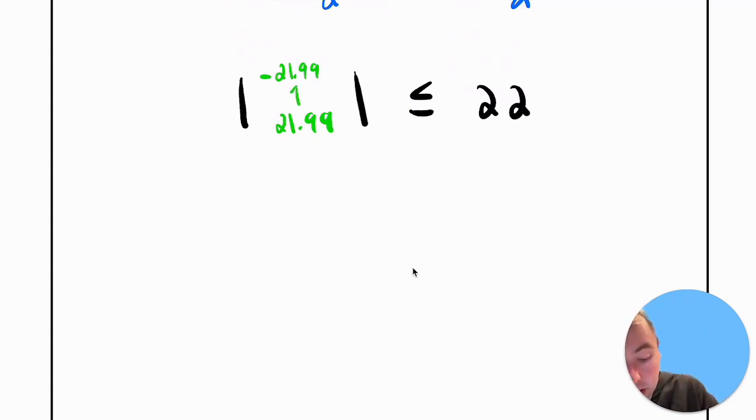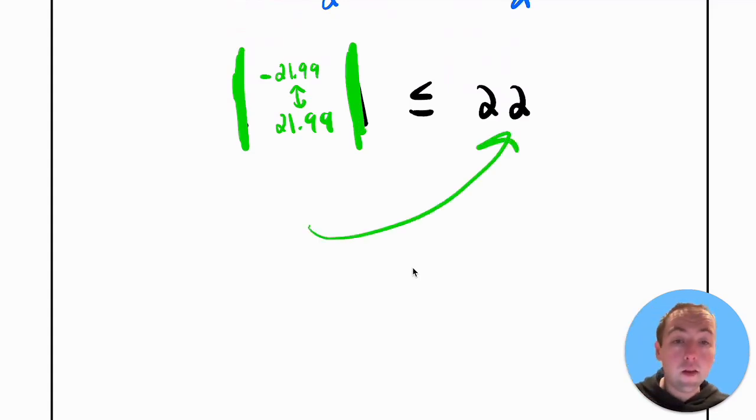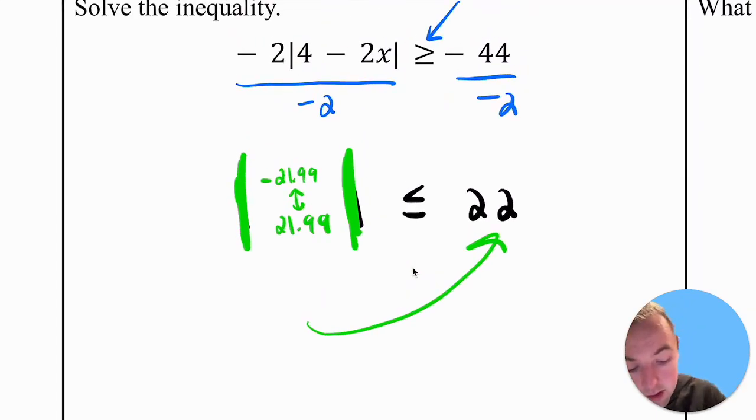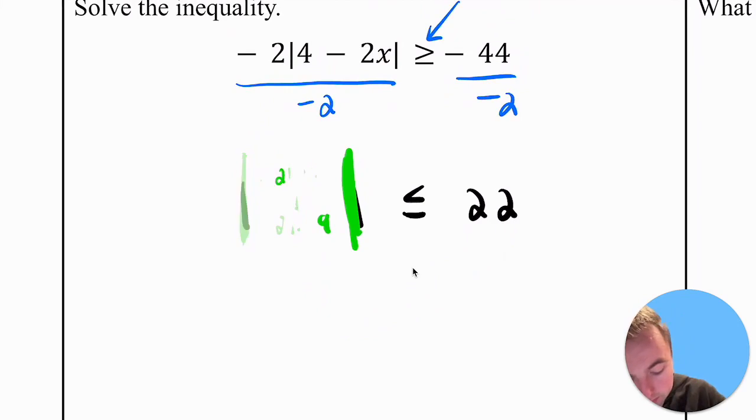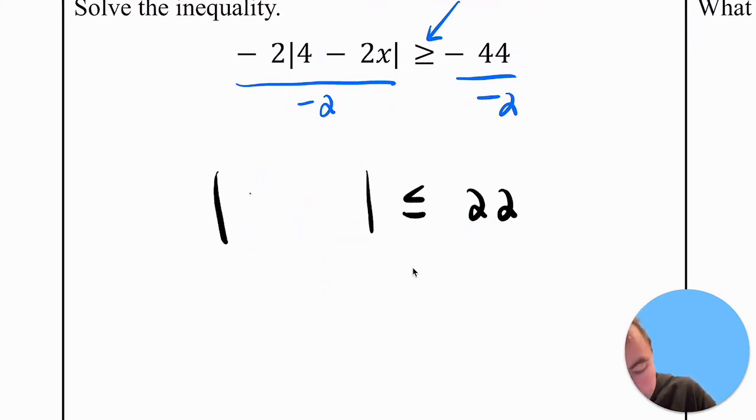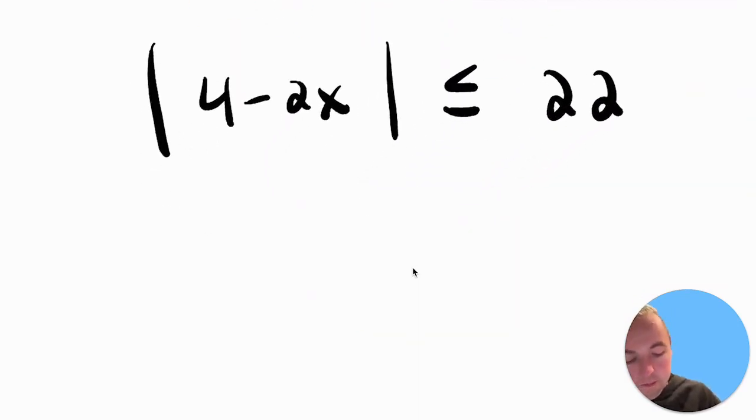So all of the numbers between negative 21.99 and 21.99 are numbers that, when you take the absolute value, will still be less than this positive number 22. So you want to use that thinking to help you understand what we need to do from here.